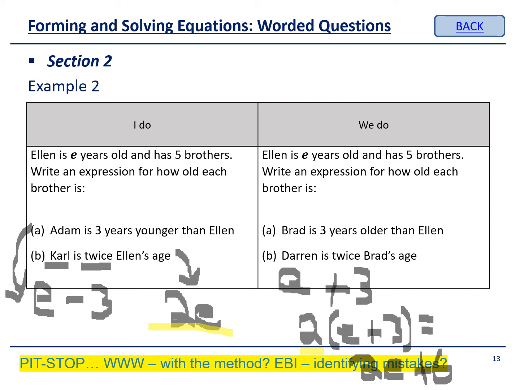So 2 times E is going to be 2E, and then 2 times 3 is going to be plus 6. So if we were to know Ellen's age, and we times that by 2 and then plus 6, that's when we'd find Darren's age. Well done if you got that one.